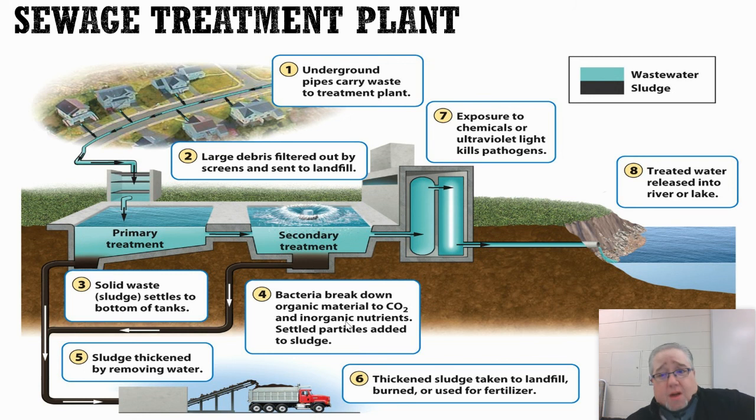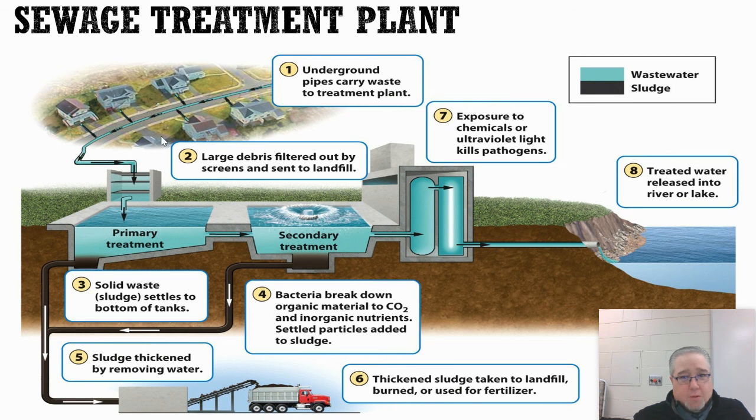All right, now the other type of wastewater treatment is a sewage treatment plant. This is how our water gets treated, unless you have a septic system. Let's take a look at this picture, and then we'll get into all the words on here. Right up here, for example, we have a neighborhood of homes, a cluster of homes.